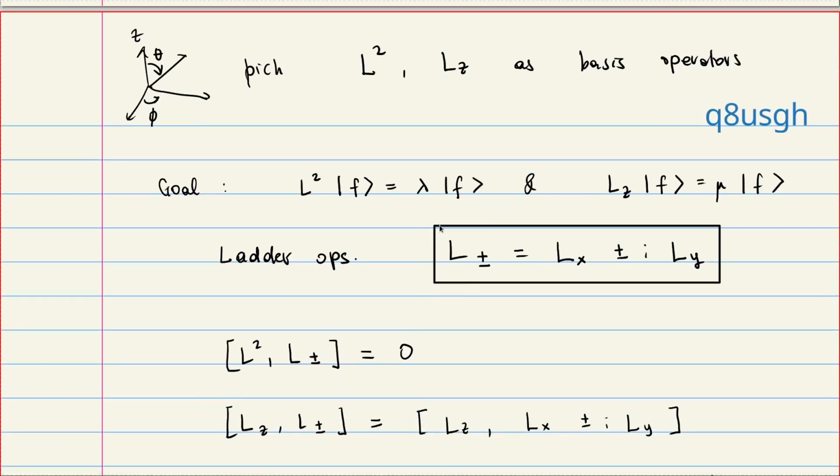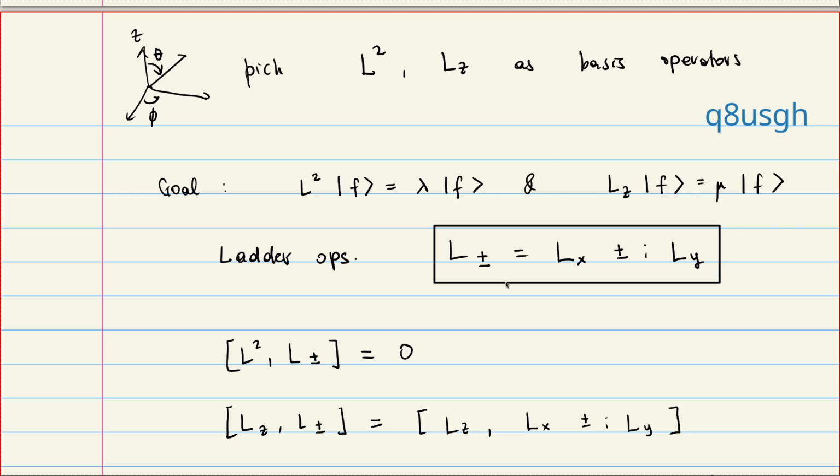And so the goal is to find a set where L squared times F is lambda times F. This is an eigenvalue equation. And the same eigenket also gives the eigenvalue of Lz. So this is the set we are trying to set up.